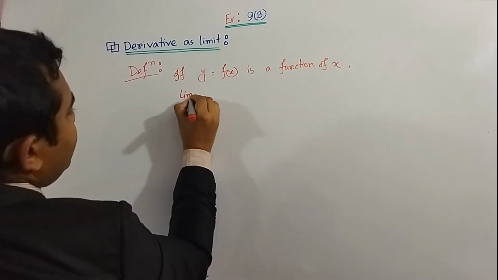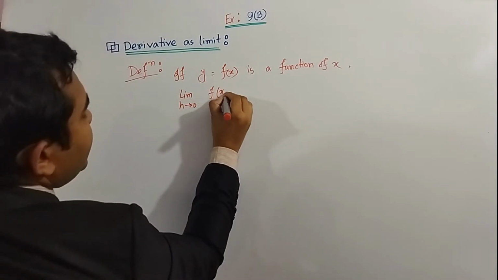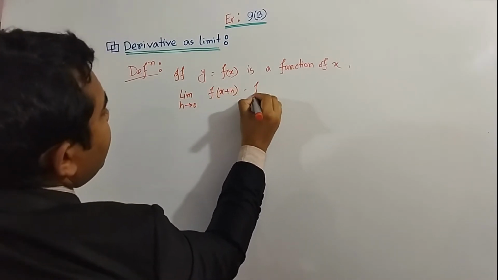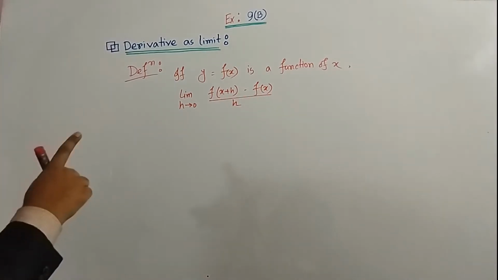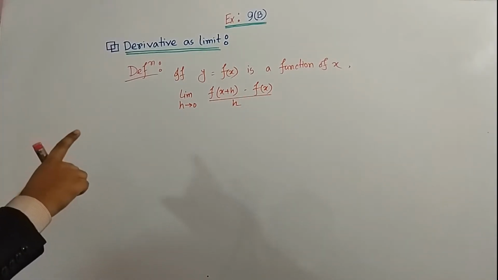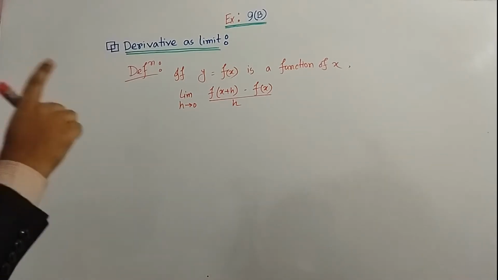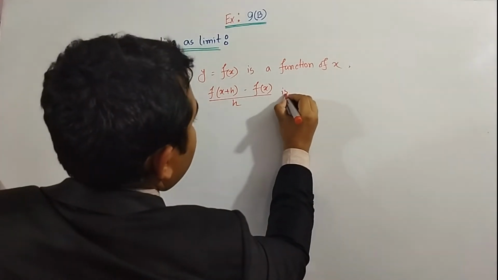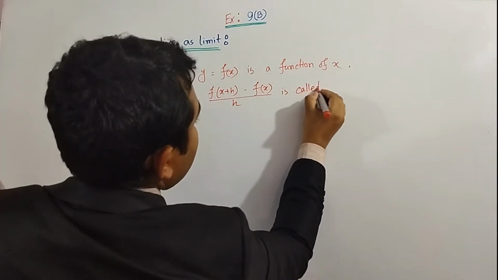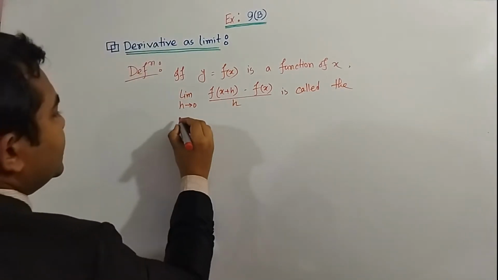Limit s tends to 0, f of x plus s minus f of x divided by s. This limit is called the derivative of f of x.